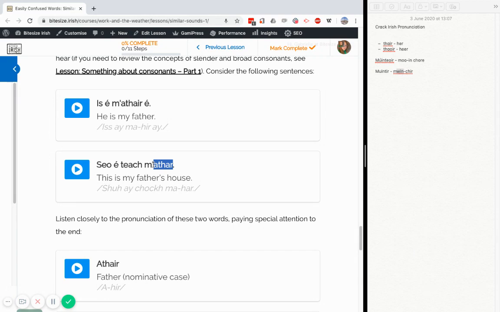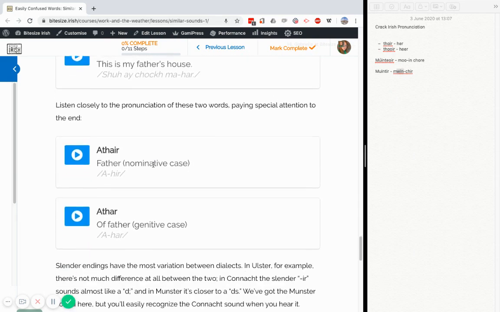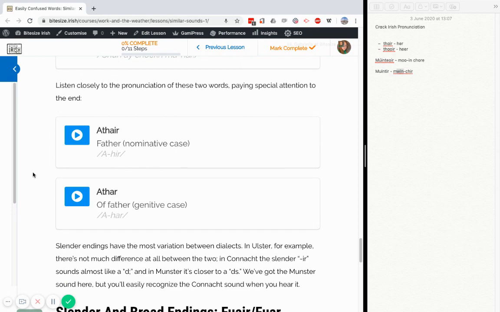Teach athar, my father's house. So that's our genitive. Having a look again, we have athair for father, the nominative, and then athar, and that would be the genitive.